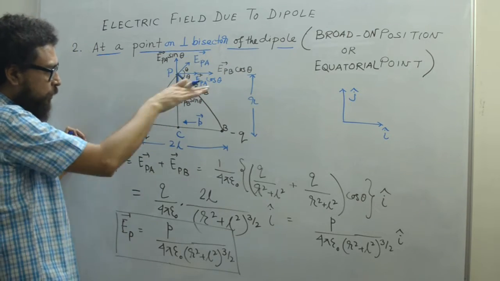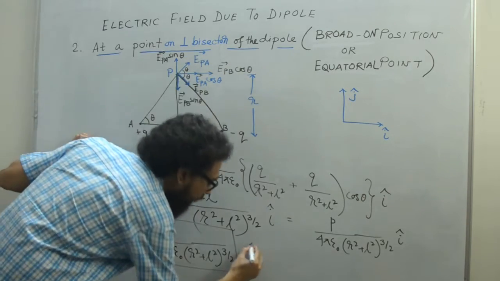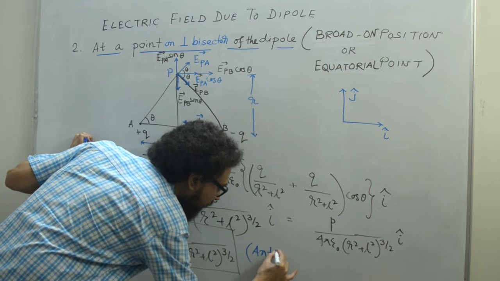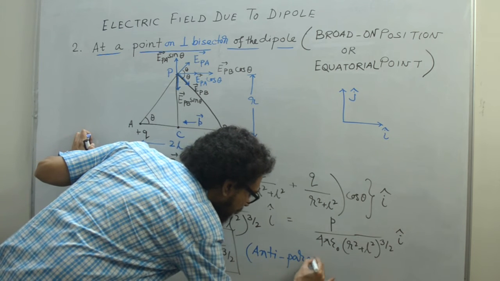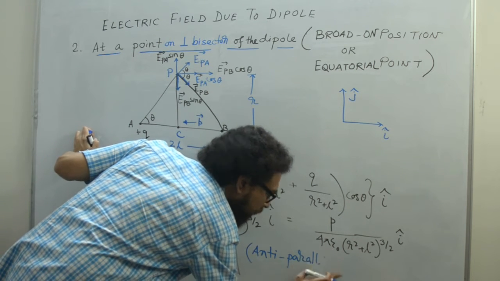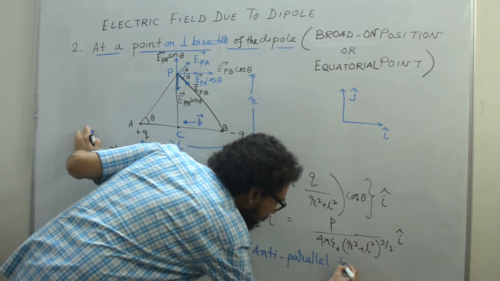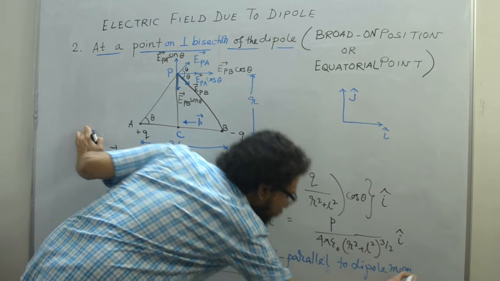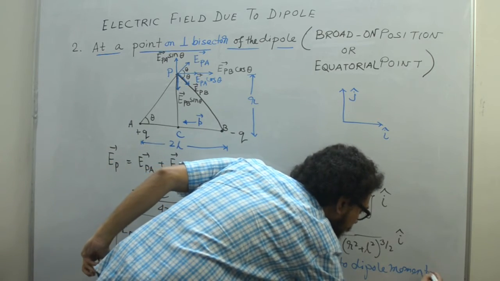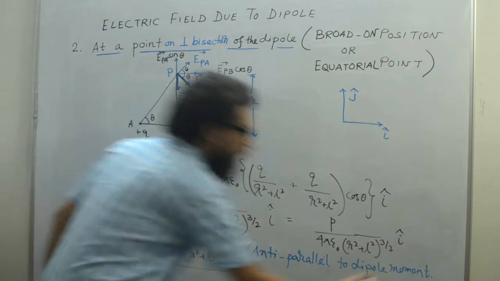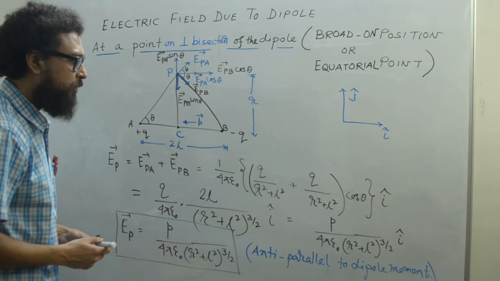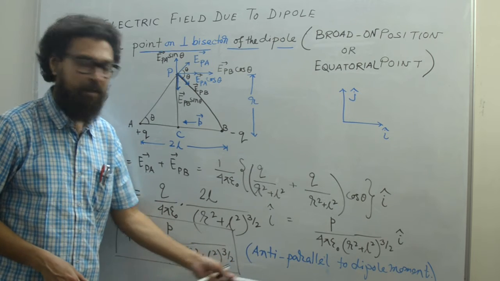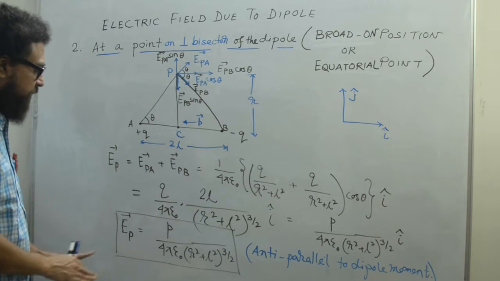So it is towards, I can say, anti-parallel to dipole moment. So we have mentioned the direction as well. Anti-parallel to dipole moment. Can you see? Okay, very good. So this is the expression here.